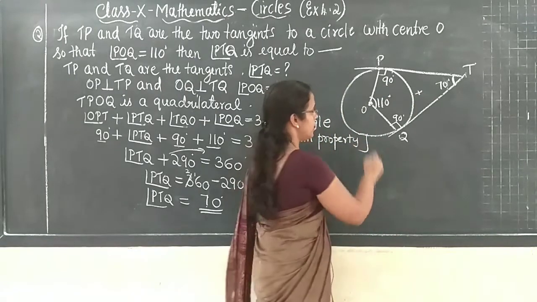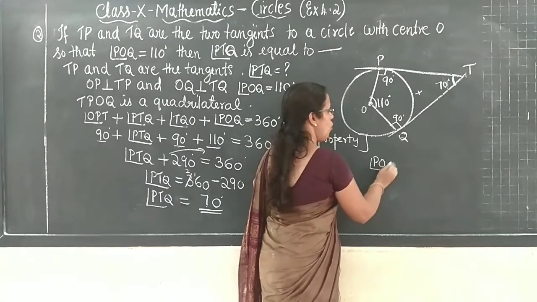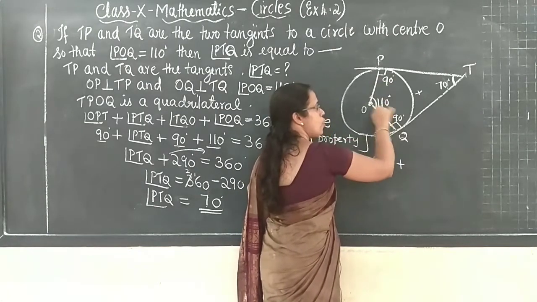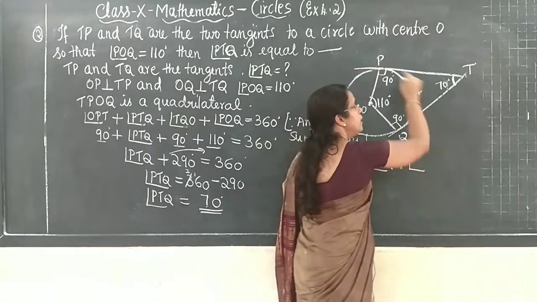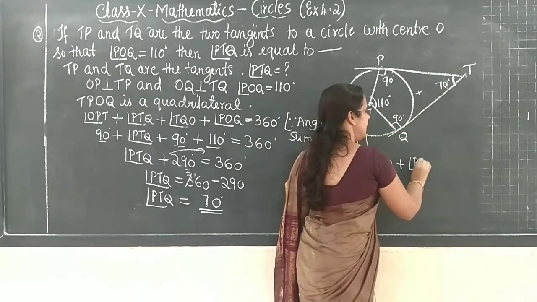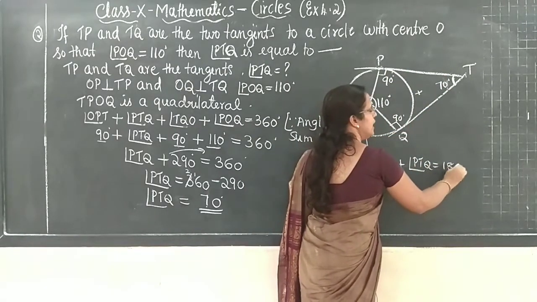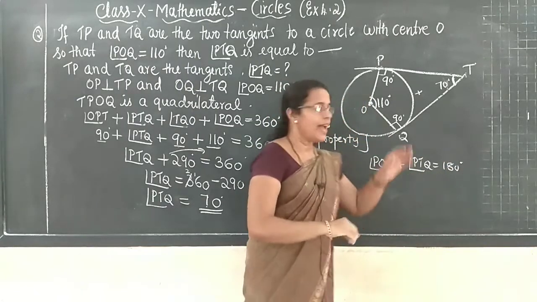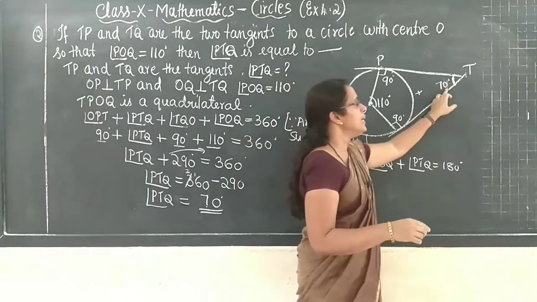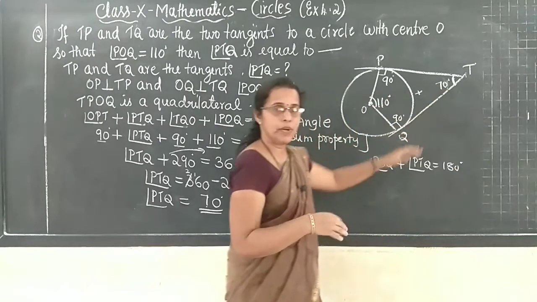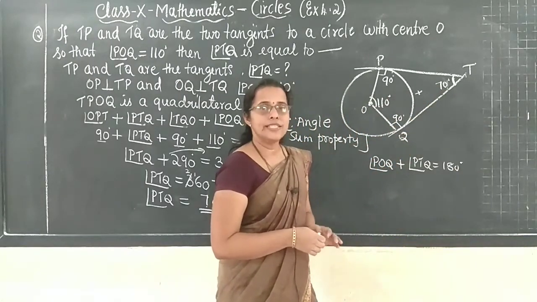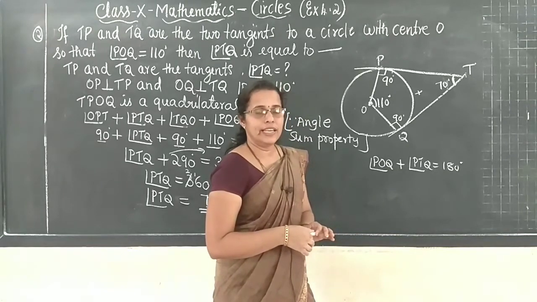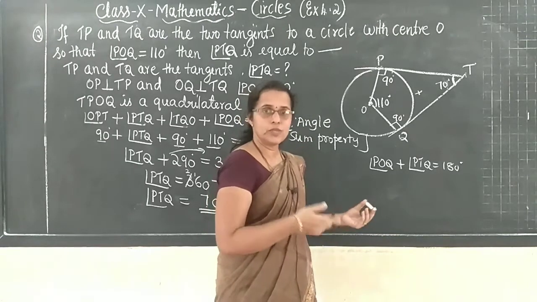So that means angle POQ, this O angle, and angle PTQ is equal to how much degree? 180 degree, children. Always you have to understand that one angle is given, and this angle is its supplementary. Supplementary means the total sum is how much degree? 180 degree.